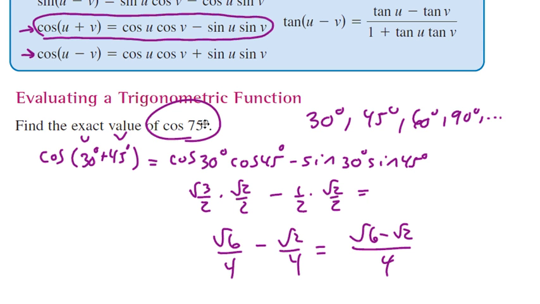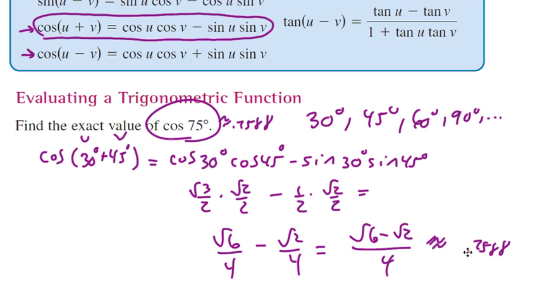Let me do that real quick to prove the point. The cosine of 75 degrees gives you a decimal of 0.2588, so I'll put approximately 0.2588. Now put this answer in your calculator, and what do you think that decimal is going to be? Yes, that's also going to be 0.2588.